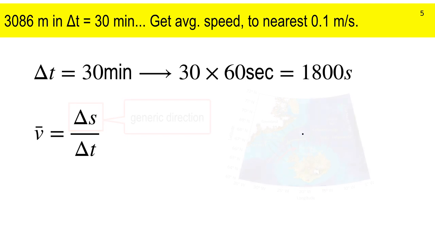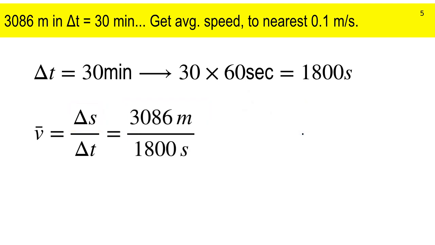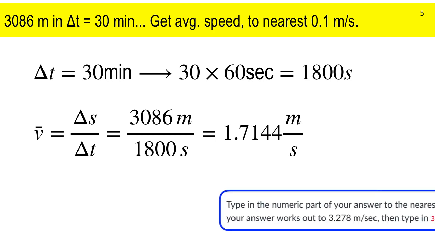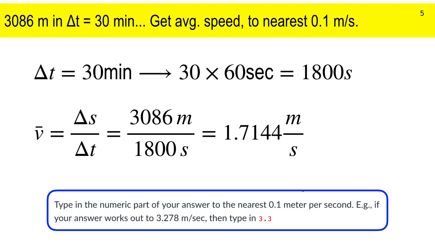And you just make your ratio: 3,086 meters on top and 1,800 seconds in the denominator. When you calculate that out, it comes out to 1.7144 meters per second. Now, you also have to read the instructions, and they say type in the numeric part of your answer, to the nearest 0.1 meter per second.